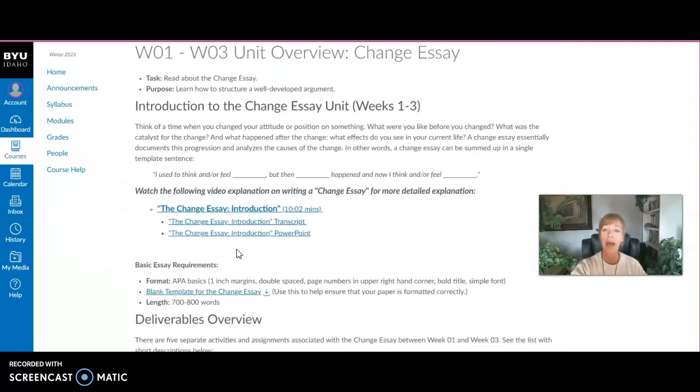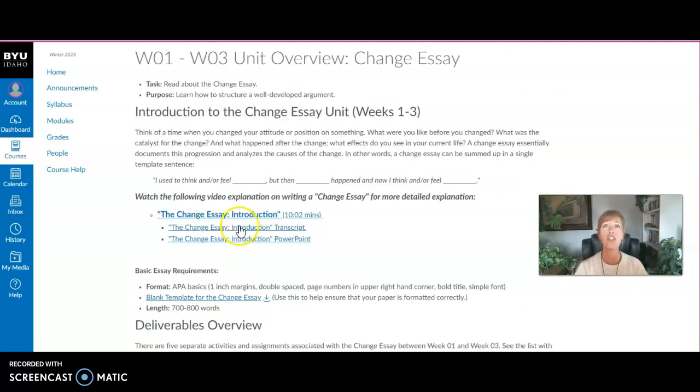So look over that. But this right here is so important. It's so helpful. There is a video right here where another professor at BYU Idaho has walked through this assignment. We're writing a change essay. It's a type of personal essay where we're sharing a memory of a specific time in our life, a specific moment in our life where we changed our opinion, where we changed as a person.